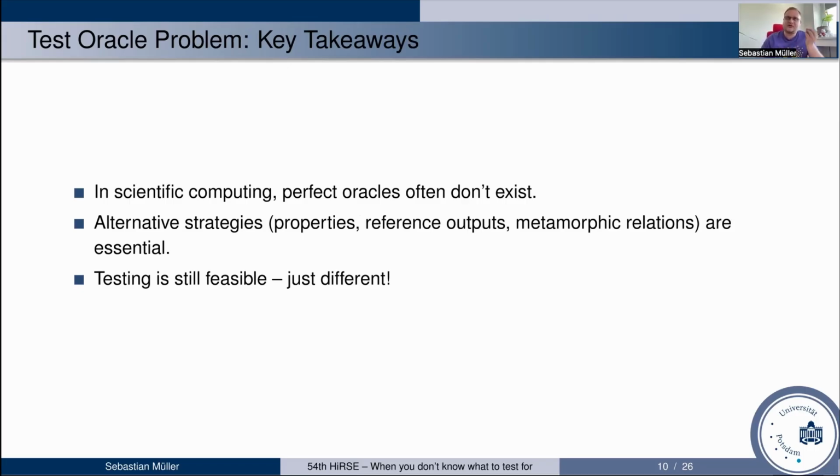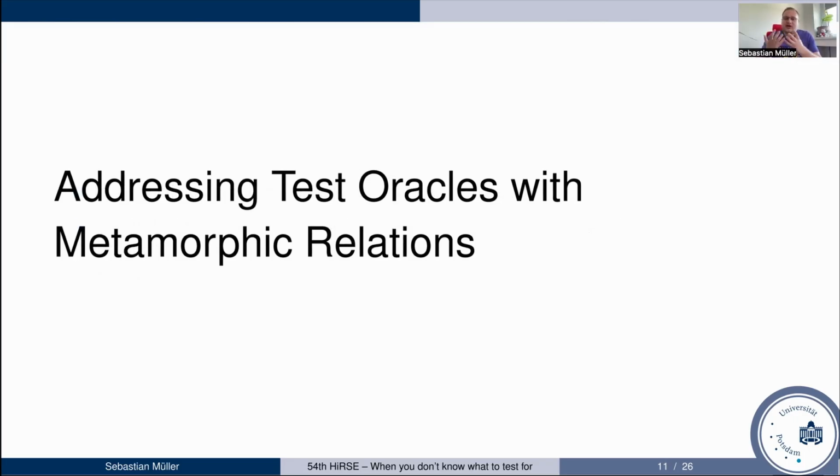We have this problem of this explorative research software, of this maybe research software that requires human intervention, where we just can't predict the outcome of a given input. We have also seen that there are different testing strategies that make testing for these projects feasible, just in a different way.